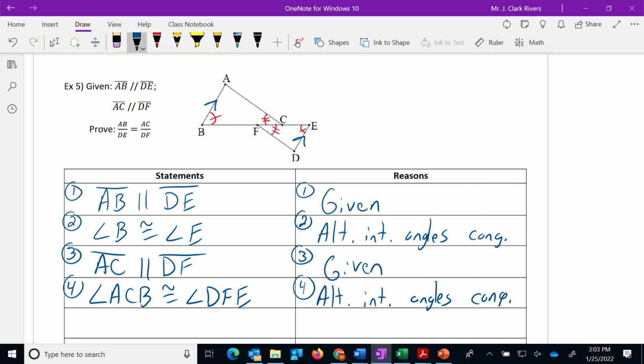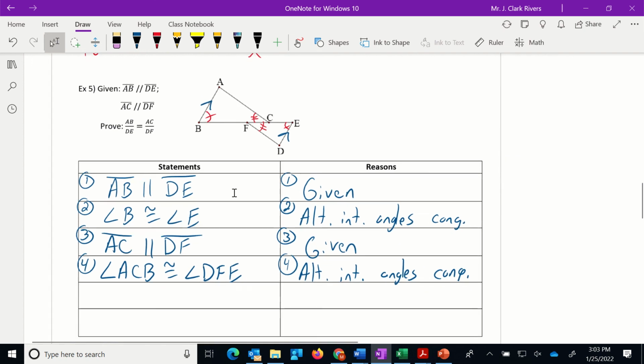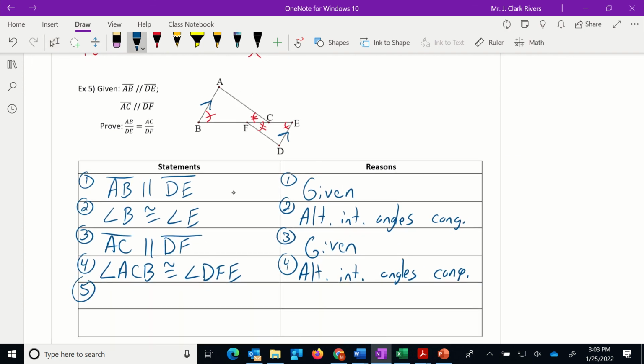Okay. Remember, we're trying to set up this proportion here, so what do you think we do next? Liv? Triangle BCA is similar to, now we've been writing congruent a lot, so make sure you actually do write similar.